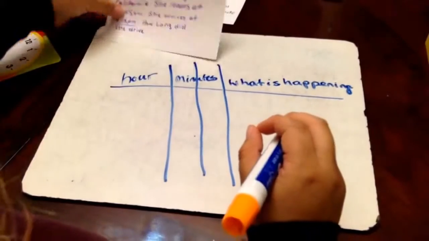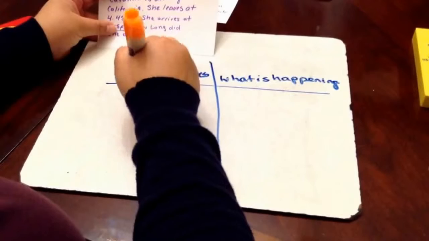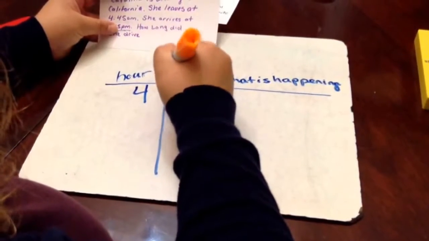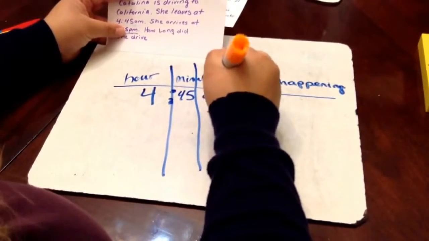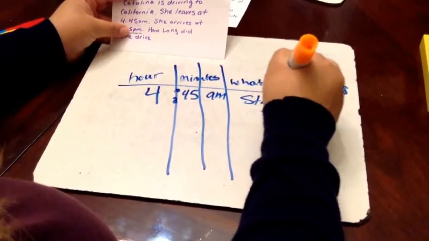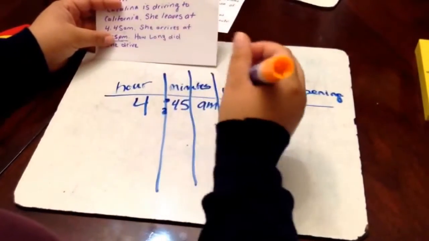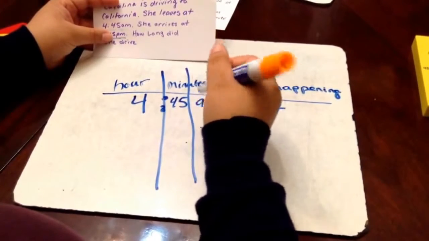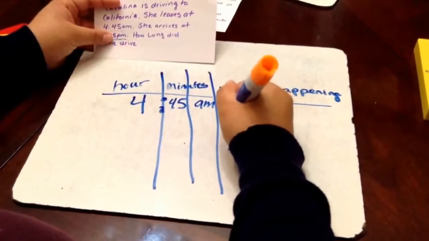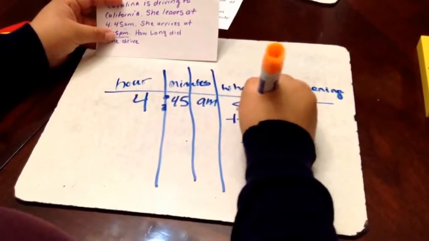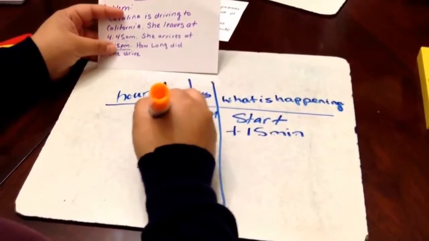So 4:45, and that is a.m. and that is the start. Okay, and then to get to the next hour, which will be 5 o'clock, we're going to have to add 15 minutes. So then that'll bring us to 5 o'clock.